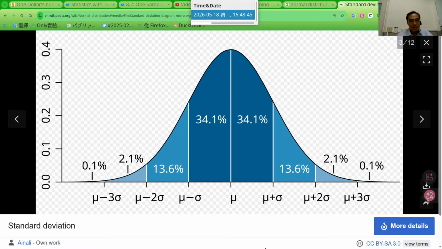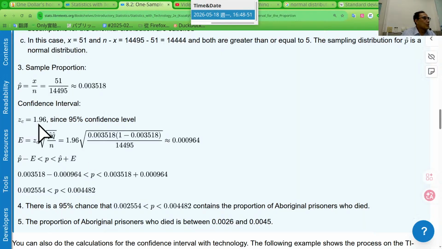Okay, let's move here. Using 1.96, it will cover 95% of the population, and we can think of it as a 95% interval.